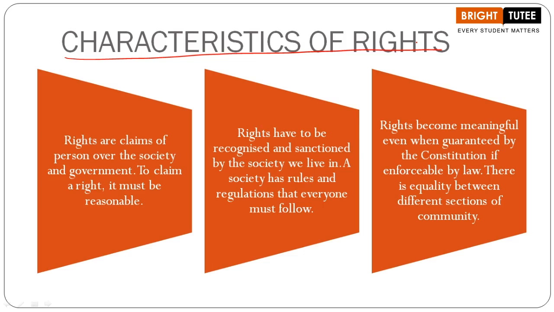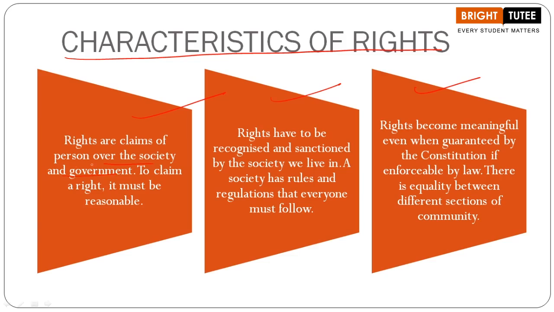So when we are referring to the characteristics of rights or the features of rights, there are three characteristics that have been mentioned in the book. One by one, we are going to understand all these characteristics, and then we'll also have a look at the examples for each of these characteristics. Now the first point here is that rights are claims of a person over the society and government.